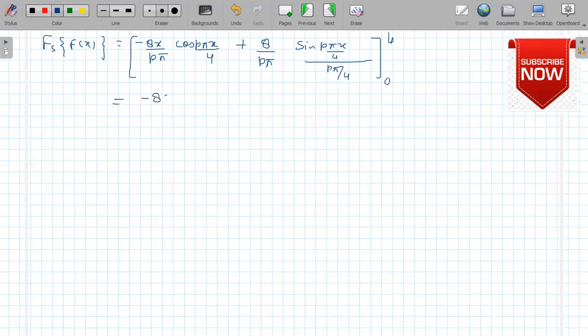Let's again simplify it. Minus 8x upon pπ cos(pπx/4) plus 32 upon p squared π squared sin(pπx/4).